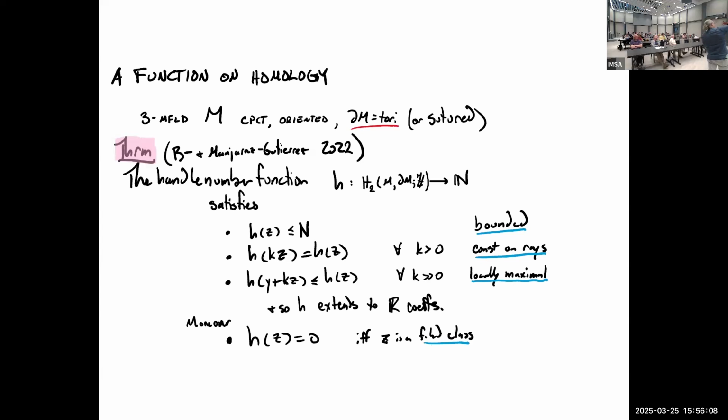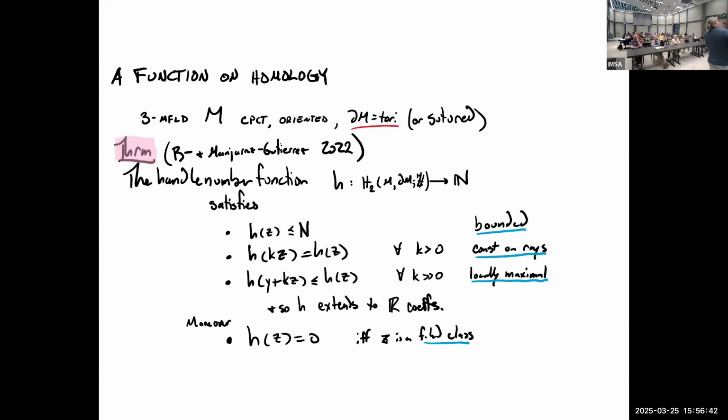Blending the ideas from the previous two allows us to say that the class I'm looking at, Z, is going to be bigger than, or maybe the same as, those around it. It's going to be locally maximal. And once we have those three properties, that's enough to fill in the gaps, extend to rational coefficients, and then extend to real coefficients.